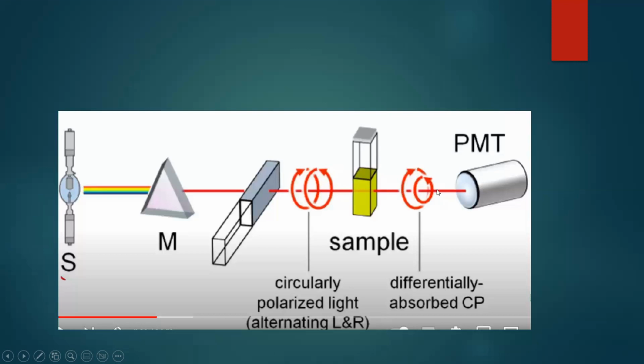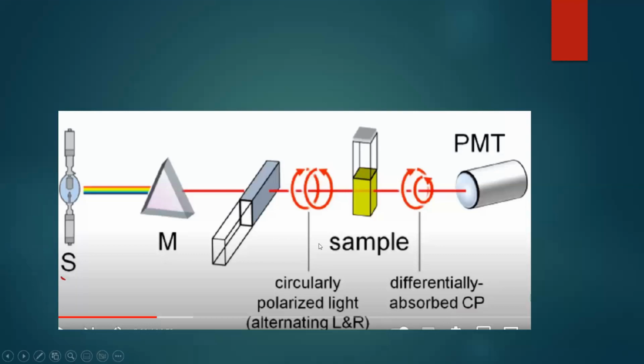This difference depends upon what kind of absorbing species is present in our sample. This difference in the absorption between the right and the left circular polarized light forms the basis of circular dichroism spectroscopy, and this is detected by the detector.